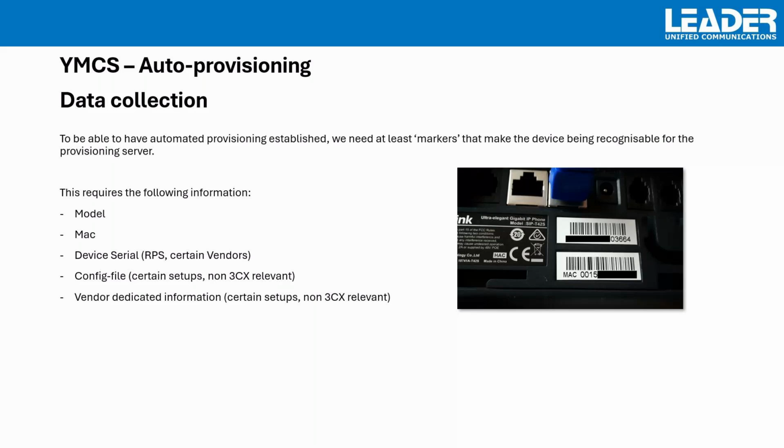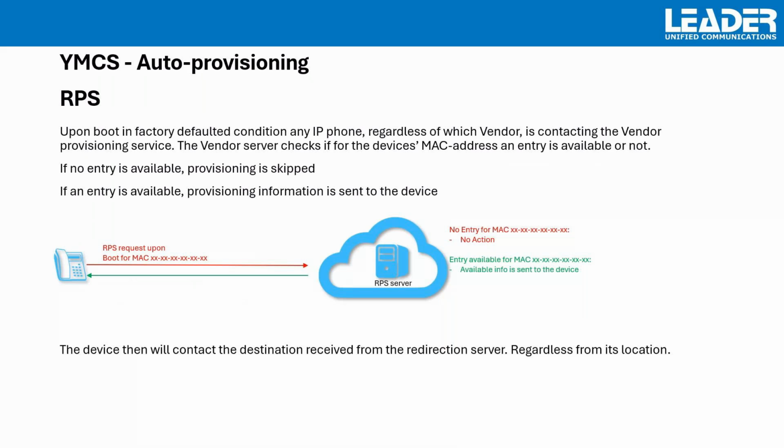Now, how does it work? Upon boot in factory defaulted condition, any IP phone, regardless of which vendor, is contacting the vendor provisioning service. The vendor checks if for the device's MAC address an entry is available or not. If no entry is available, the provisioning is skipped.